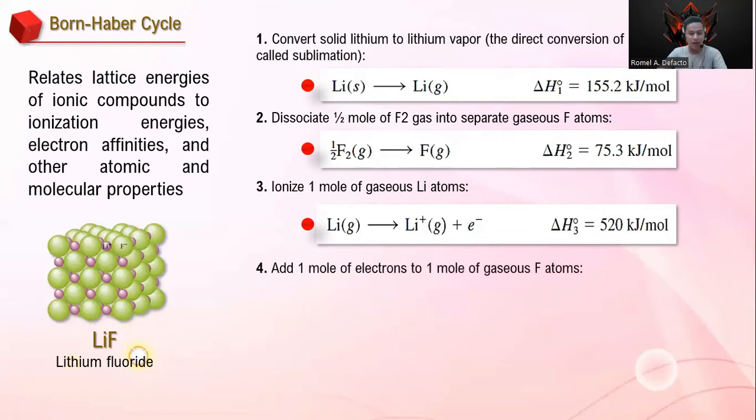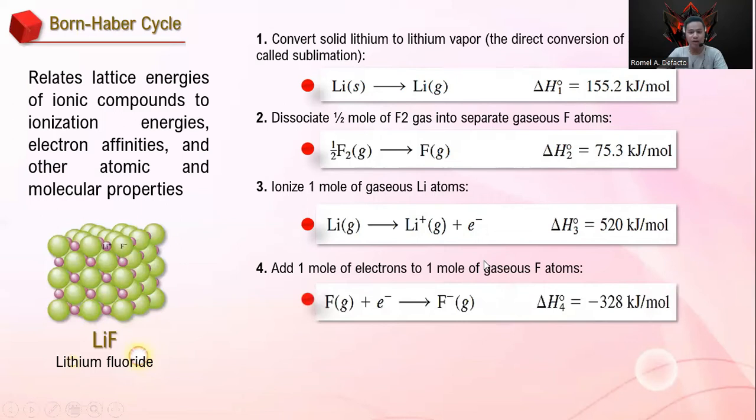The next step is the addition of 1 mole of electrons to 1 mole of gaseous fluorine. So the electron from the ionization of the lithium will now be added to the fluorine atom in the gaseous form.